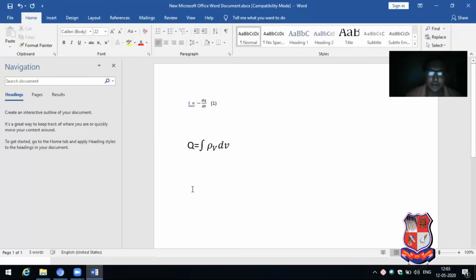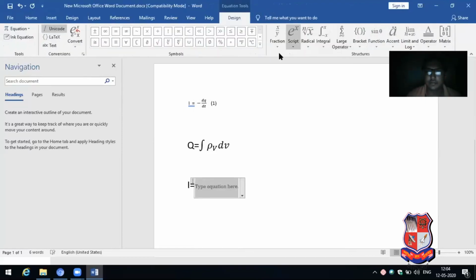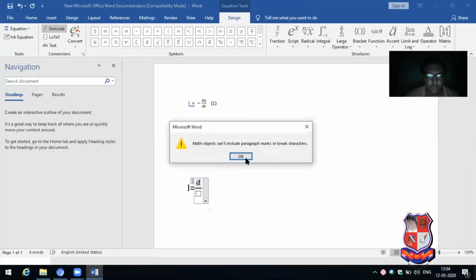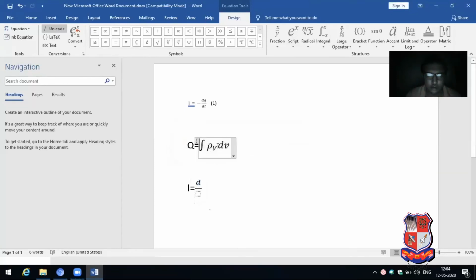So put this value here: I equal to minus d by dt of the volume integral rho v dv.